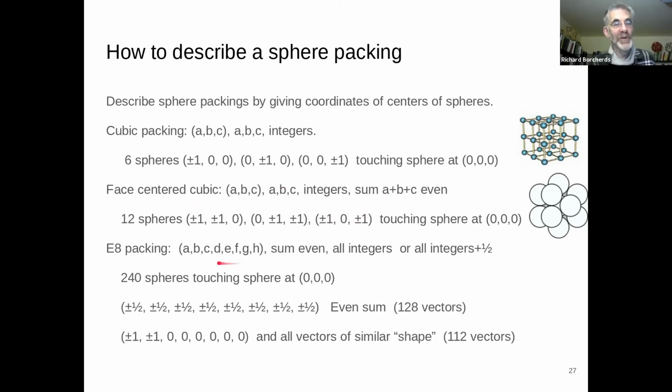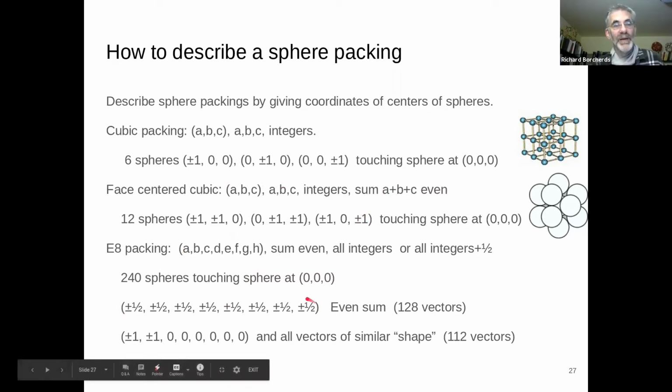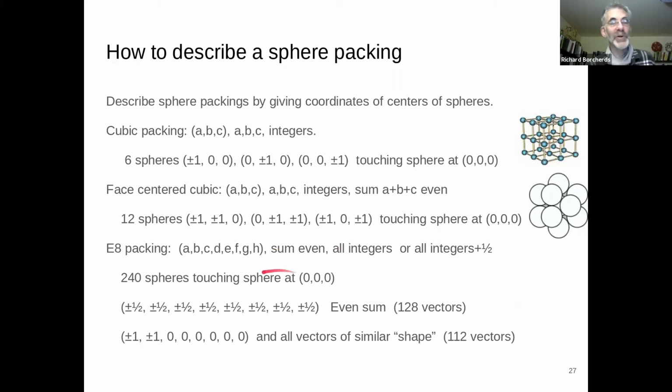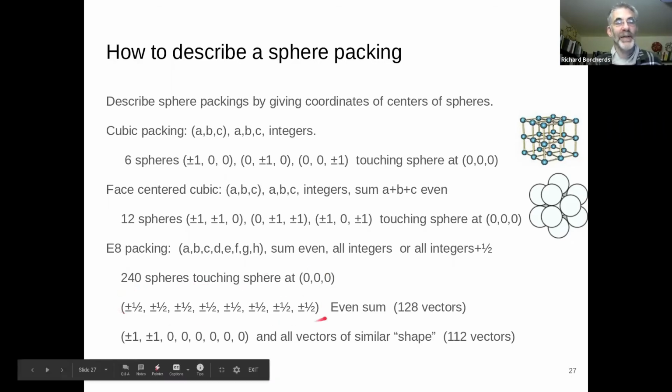For E8, you do something similar. These numbers must either all be integers or they must all be integers plus a half. So for example, these vectors here are all in the lattice packing, and again the sum must be even. And now you can see there are 240 touching the sphere at the origin because there are 128 vectors like this.